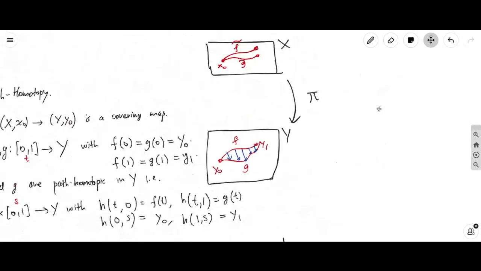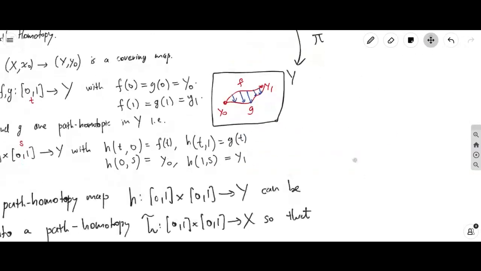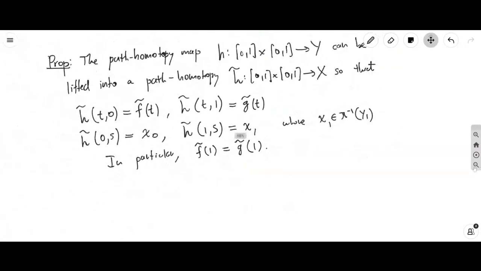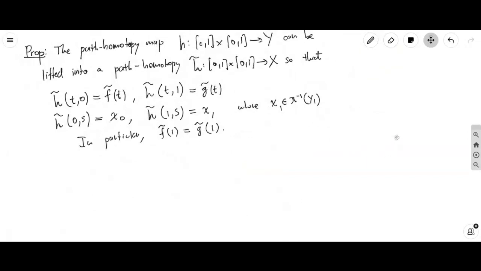So what's the explanation for this? The explanation for why this works is nicely explained through a picture. So this is a square.